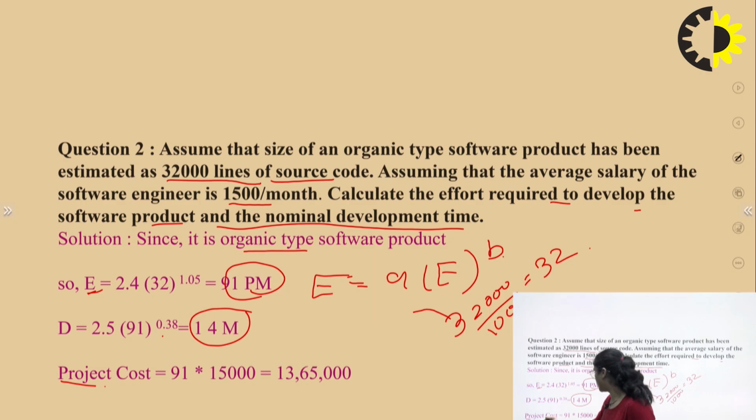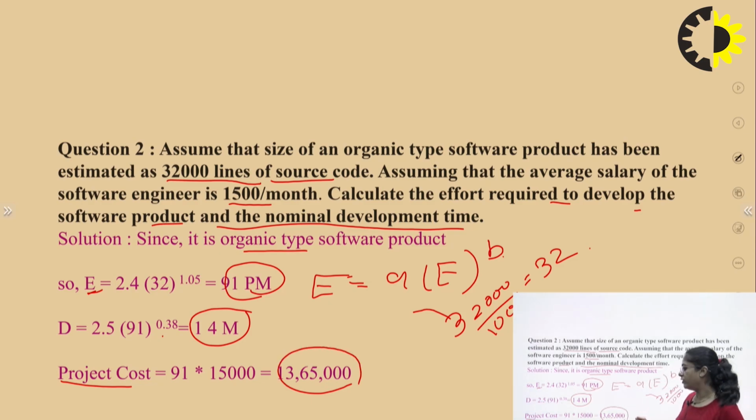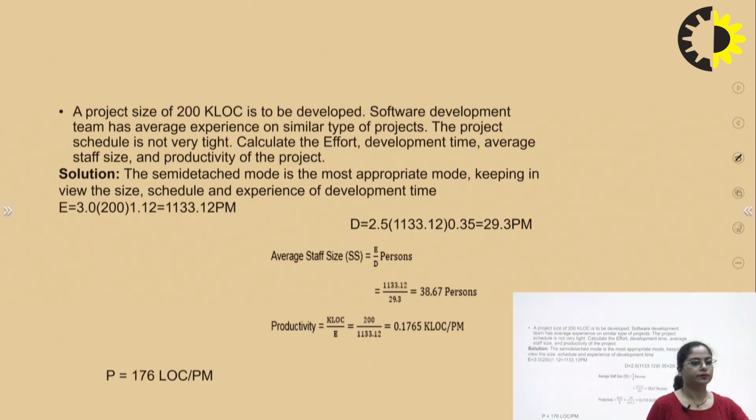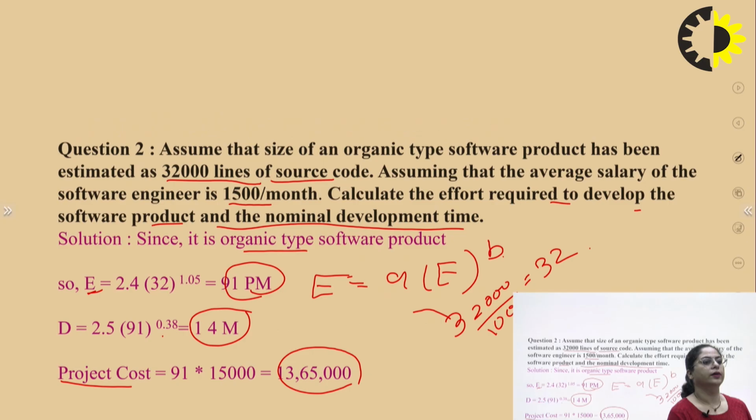Now the project cost is the effort times the salary of the software engineer: 91 into 15,000. This is the project cost required for making this software, 13,65,000. Thank you.